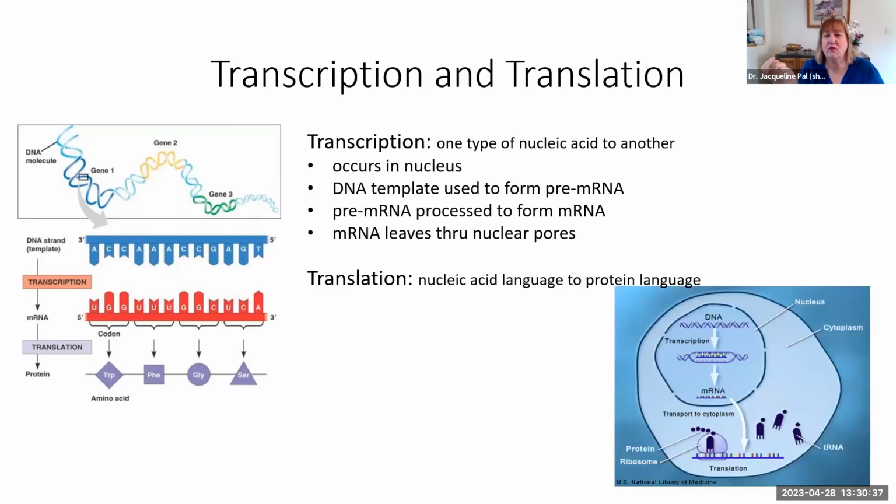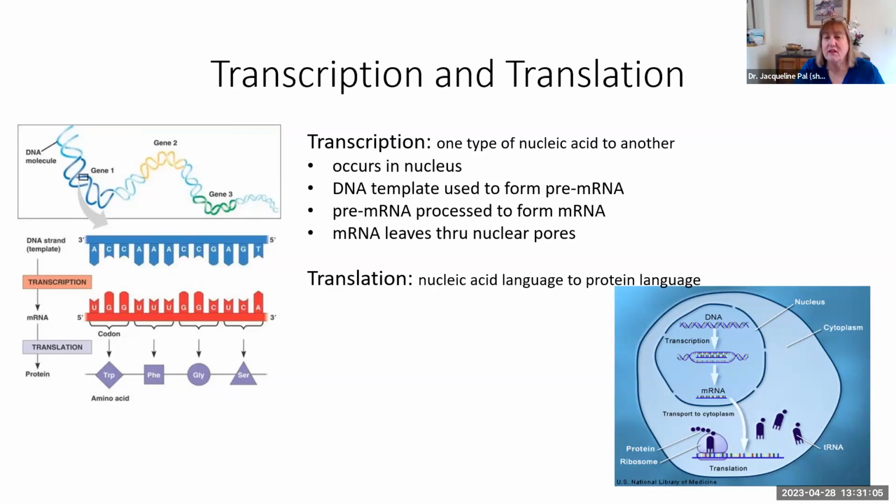So in transcription, this is going to happen within the nucleus of this cell. And we are going to be using a DNA template to form what we're calling a pre-messenger RNA. And then that pre-messenger RNA gets a little bit of processing, a little nip-tuck, and then it is our messenger RNA, and it can leave the nucleus through the nuclear pores and enter the cytosol.